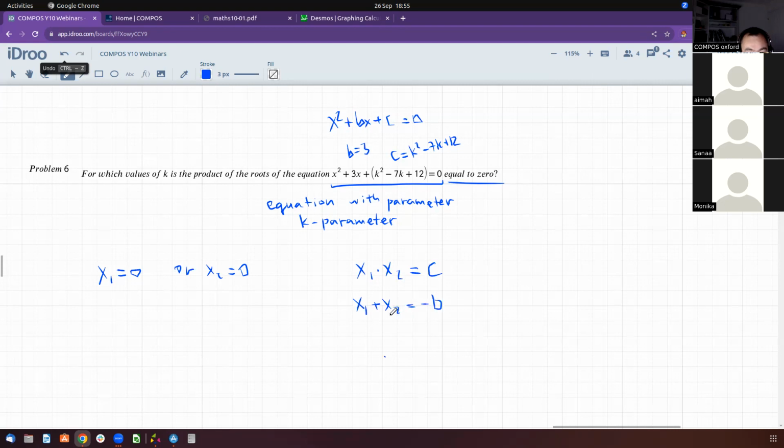But if x1 or x2 is 0, then this has to be 0, because if x1 is 0, then this is 0. If x2 is 0, then this is 0. So c has to be 0. Therefore, k squared minus 7k plus 12 has to be 0. And this is a quadratic equation, which we can solve using Vieta's again.